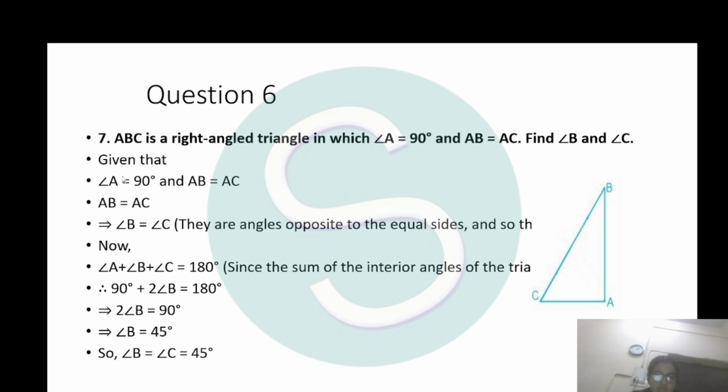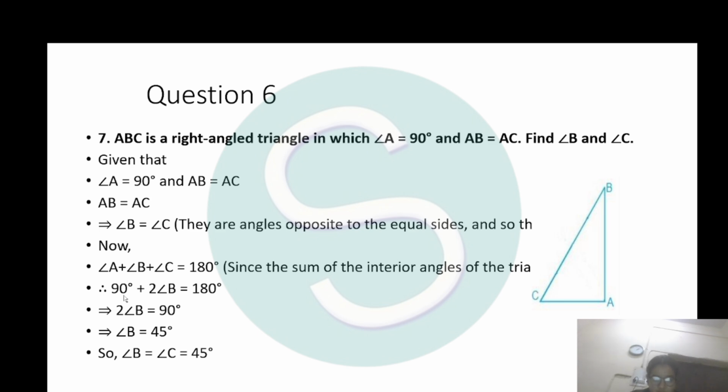So it is given that A equals 90 degrees and AB equals AC. So we know that if two sides are equal, then angles opposite to those equal sides are also equal, which implies angle B equals angle C. Now we know by angle sum property that angle A plus angle B plus angle C equals 180 degrees. And since B equals C, I can write C as B. So here I can write A plus 2 times B equals 180 degrees.